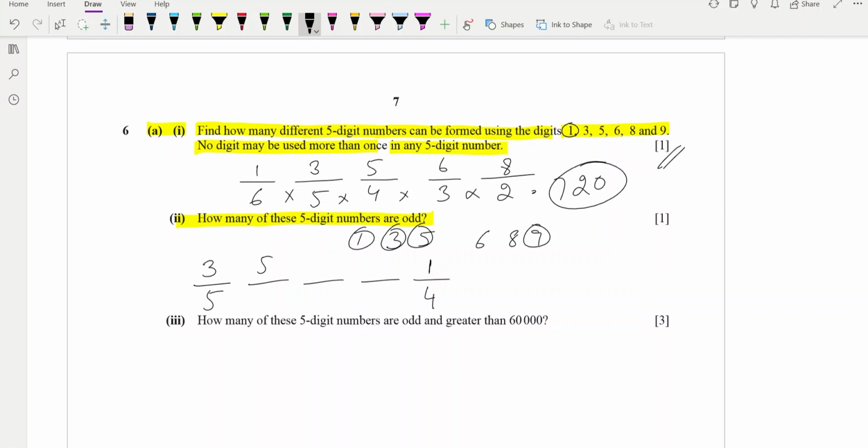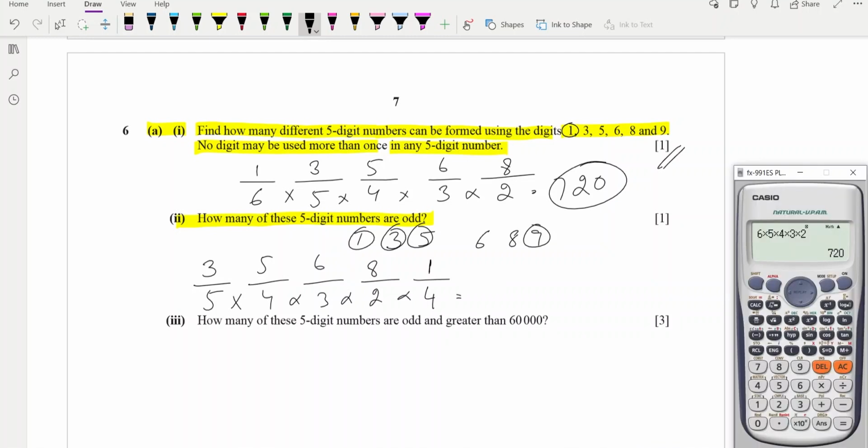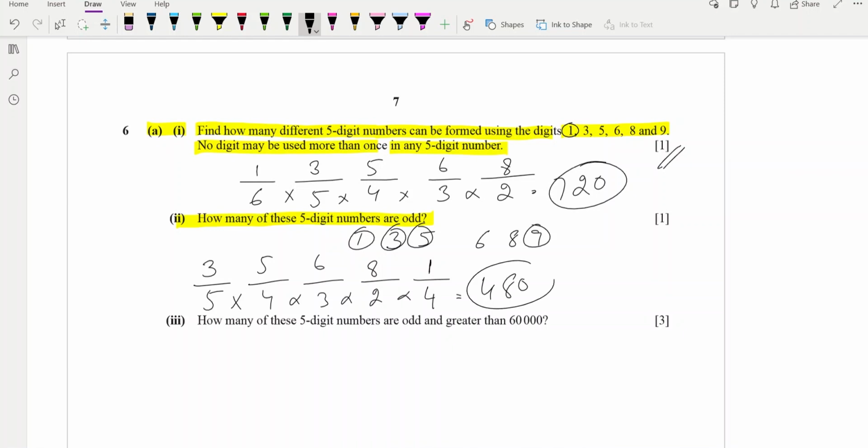So 5 out of remaining 4, and 6 out of remaining 3, and 8 out of remaining 2, and we will multiply these numbers and we will get the answer. And this will be 5 multiplied by 4 multiplied by 3 multiplied by 2 and multiplied by 4 is equal to 480, and this will be a 1 mark easier question.